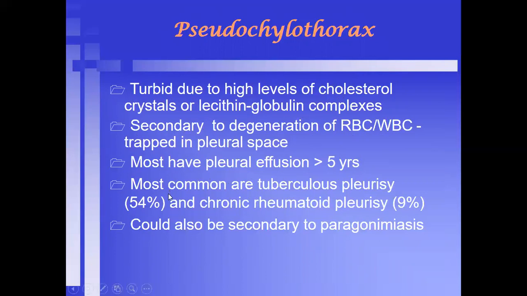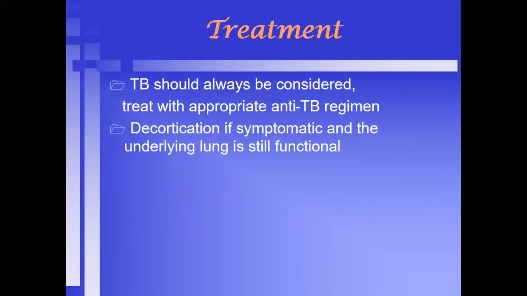So most common cases are due to your TB pleuritis. Others could be due to your rheumatoid pleuritis. Very rarely you can have your paragonimiasis caused by your Paragonimus westermani, which is a lung fluke. So treatment, if your patient has TB, then you treat with the appropriate anti-TB regimen.